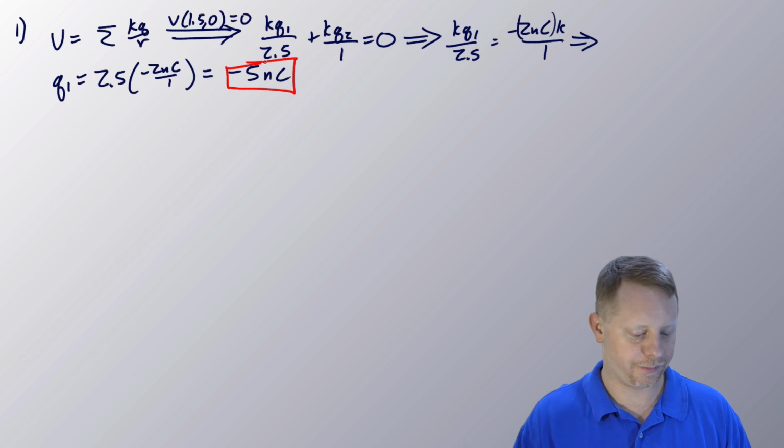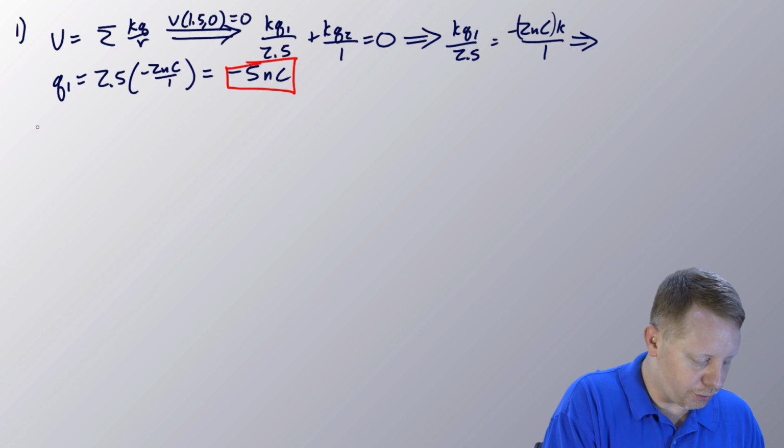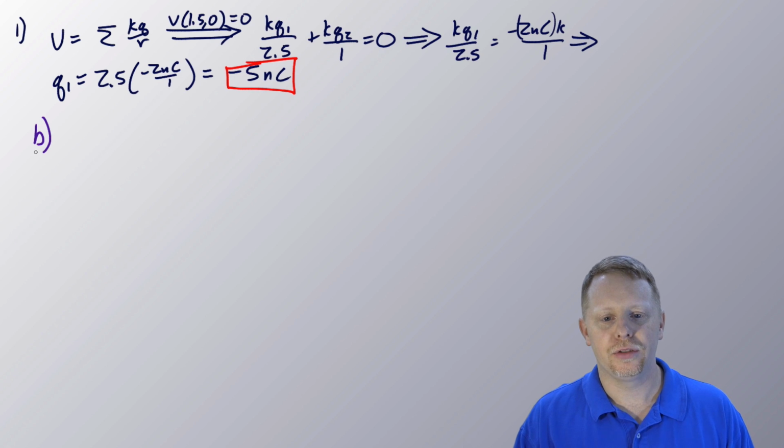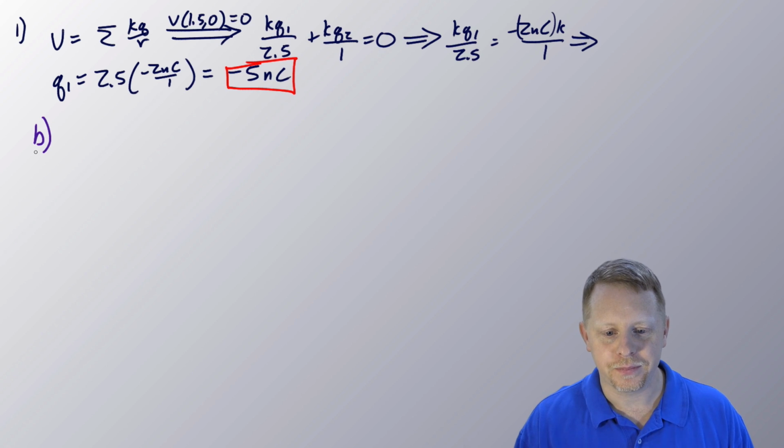Fairly straightforward there. Now for B, we're asked to draw a vector representing the direction of the electric field at point C on the diagram. And if you look, you see C toward the top, just to the left of the y-axis. The direction of the electric field there would be, well, it goes from high to low potential.